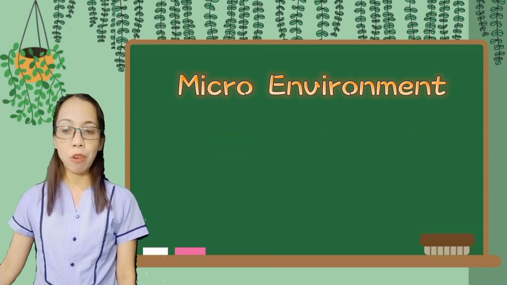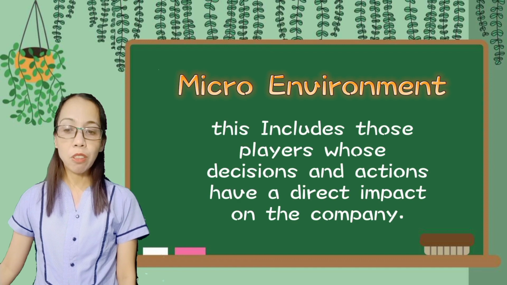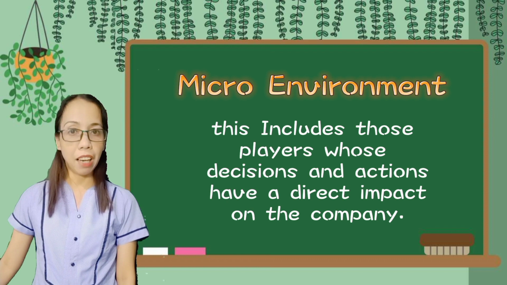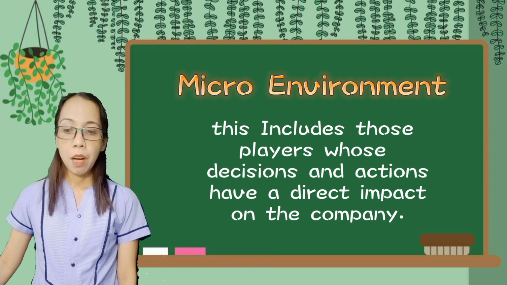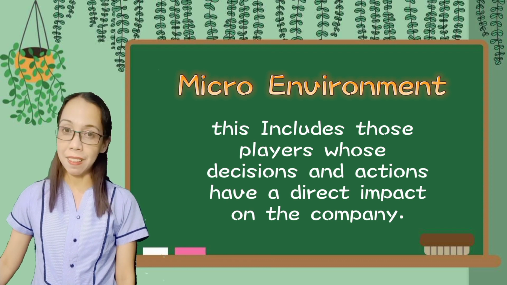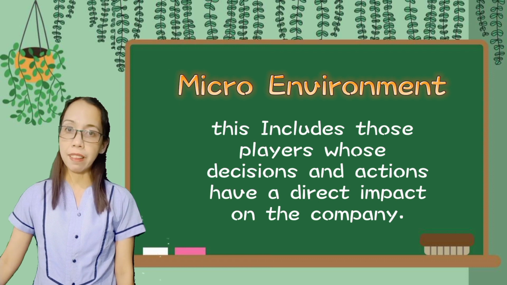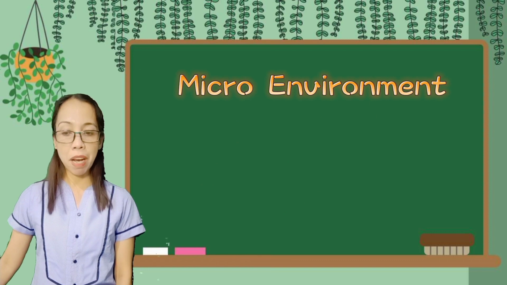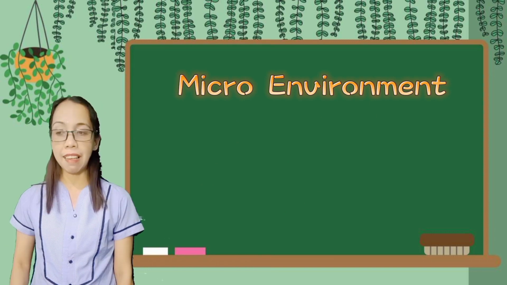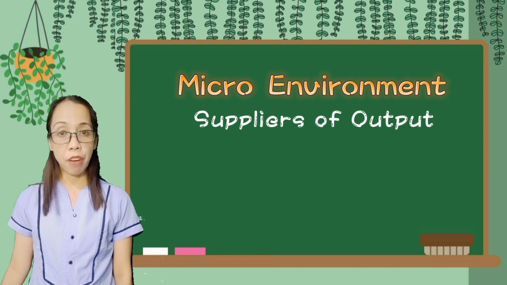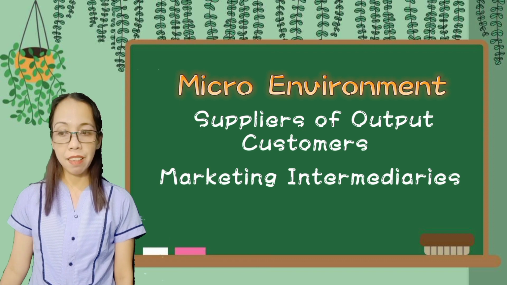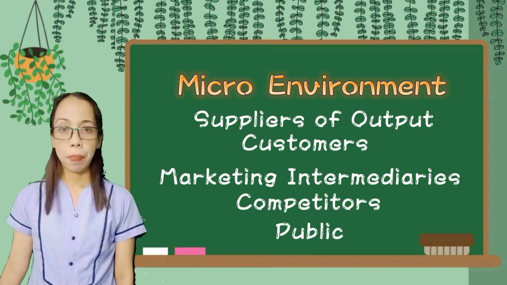When you say micro environment, this includes those players whose decision and action have a direct impact on the company. Production and selling of commodities are the two important aspects of the micro environment of business, which can be divided into various constituents such as suppliers of input, customers, marketing intermediaries, competitors, and public.